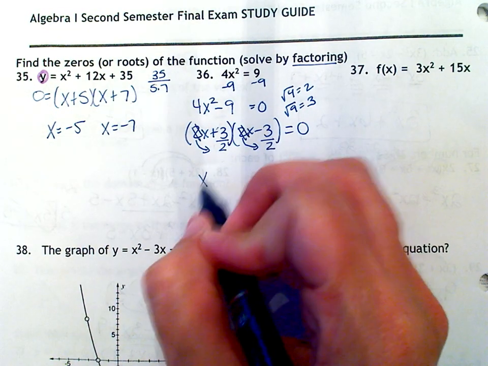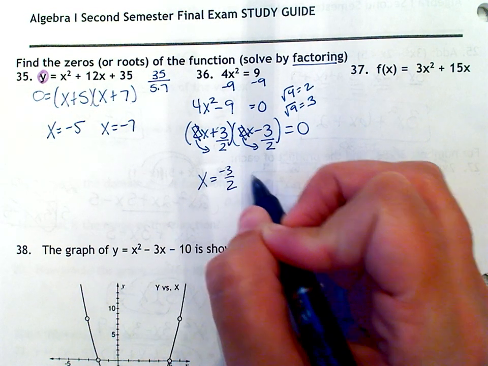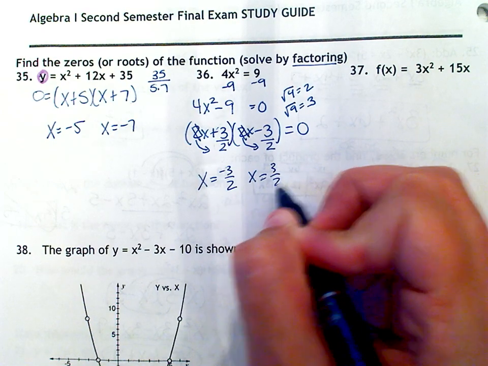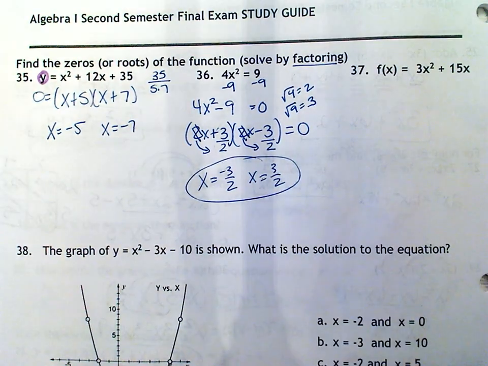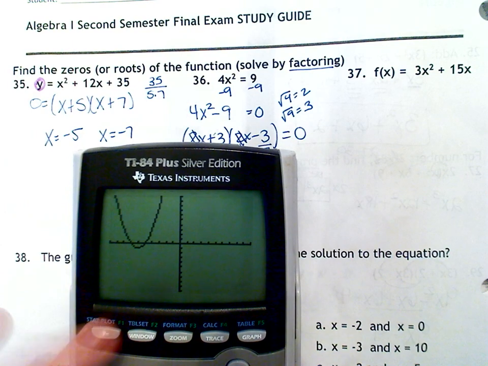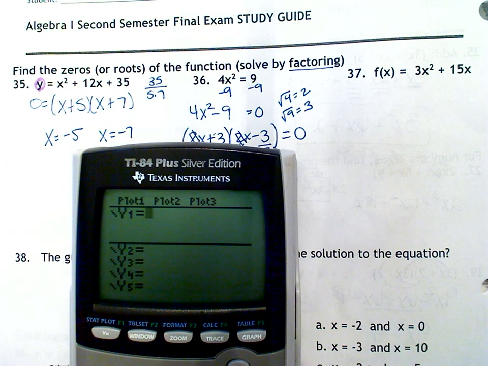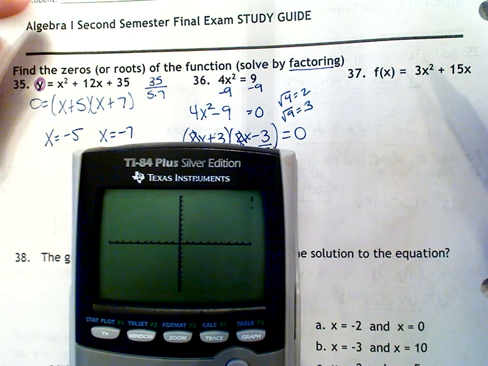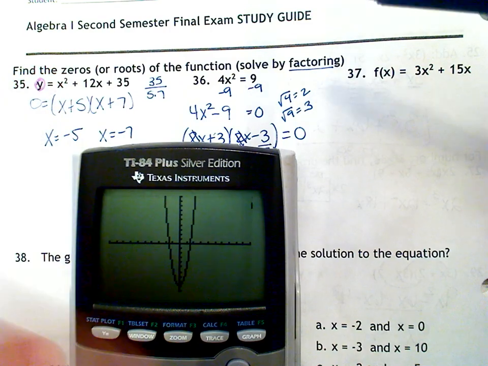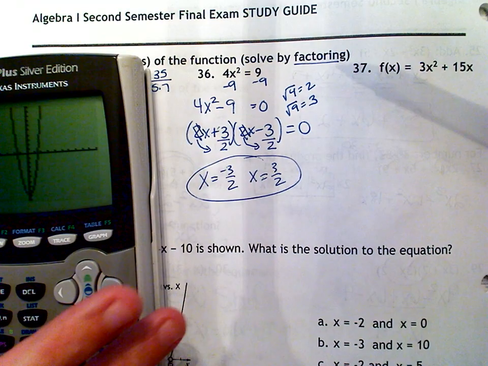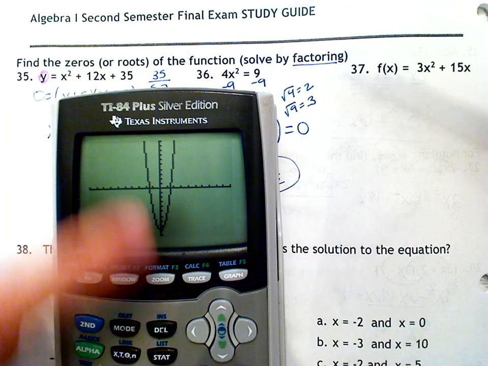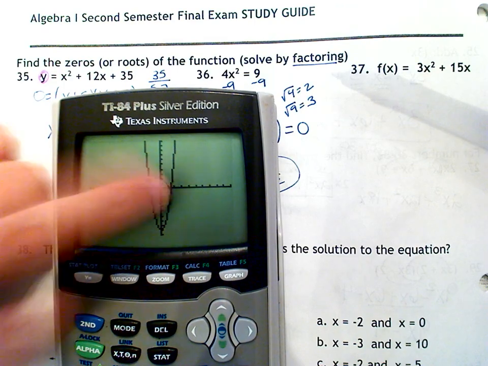So the opposite of this one is negative 3/2, and the opposite of this one is positive 3/2. So there's your solution. Again, you can go to your y equals, and I can do 4x squared minus 9. Hit graph. And negative 3/2 and 3/2 is negative 1.5 and 1.5. So there's negative 1.5, there's 1.5.